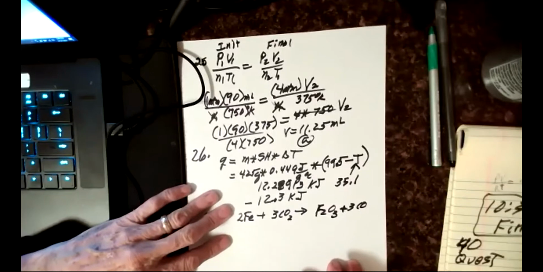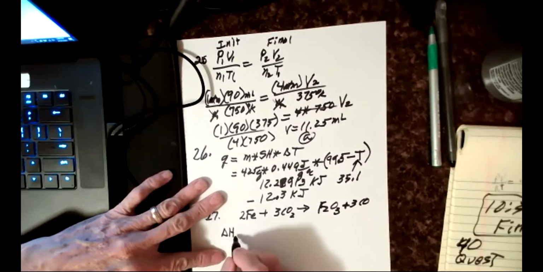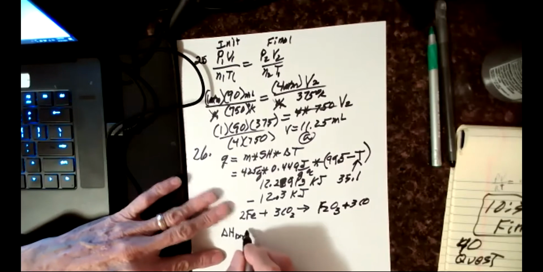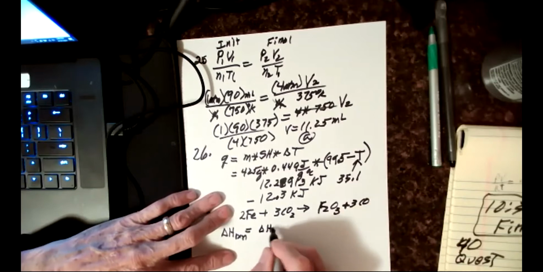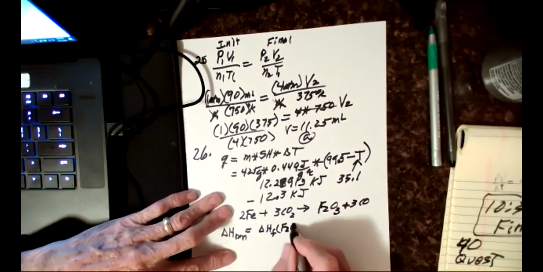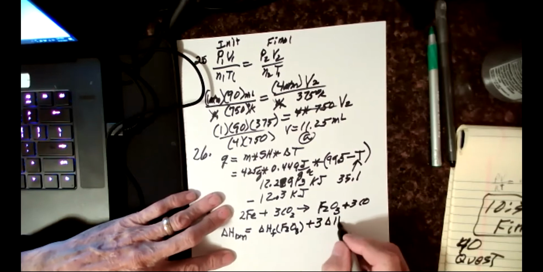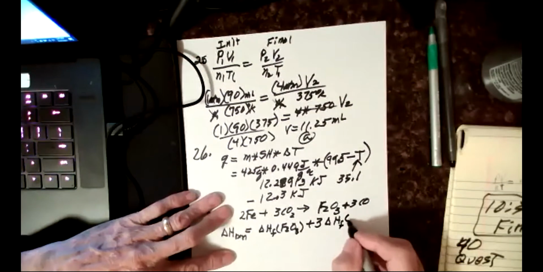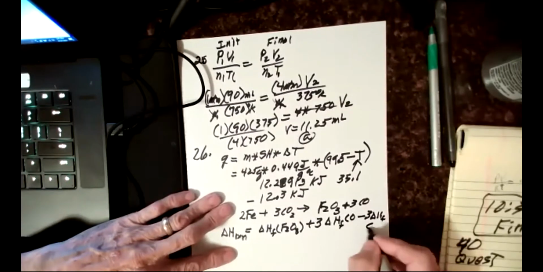Okay, now the heat of this reaction, delta H of that reaction, is going to be equal to the delta H of formation of Fe2O3 plus 3 times the delta H of formation of CO minus 3 times the delta H of formation of CO2.